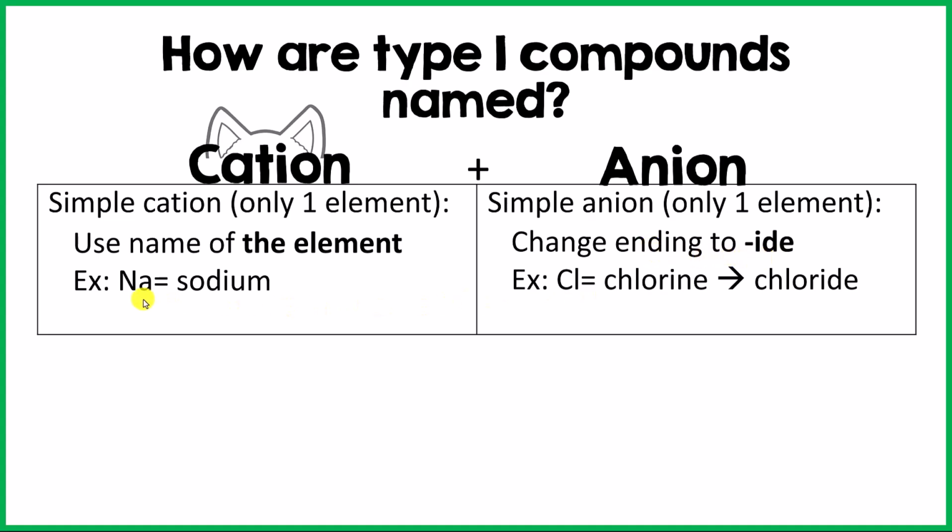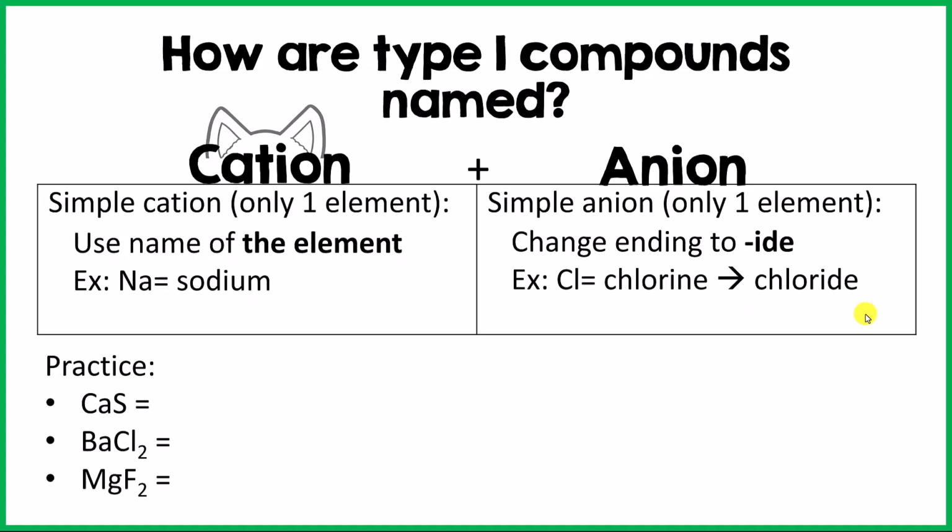So in other words, we've now got sodium, change chlorine to chloride, and that's how we get NaCl as sodium chloride. Now, these don't always bond one atom to one atom, which is why we're calling these simple cations and simple anions. We'll get into more complicated in a little bit. But for right now, if we're just talking about two elements together, one is a cation and one's an anion, it's a very simple naming process.